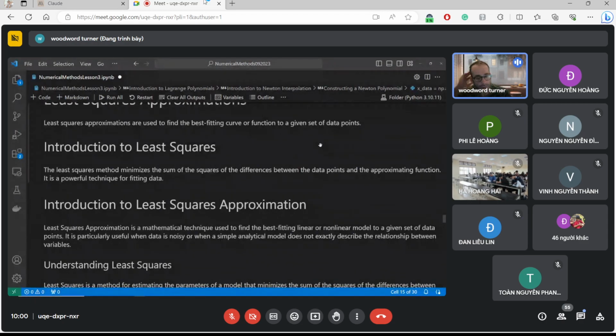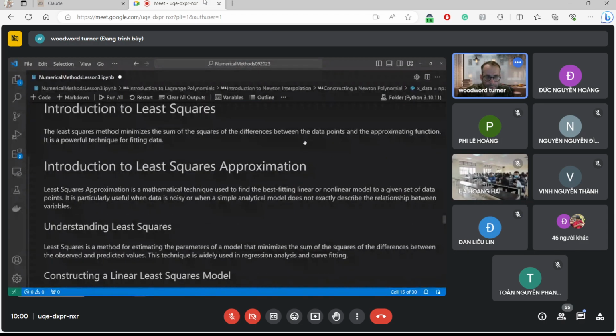So we have our data points and we have our approximating function, and what we want to do is take the difference, like, okay, so the function is a little bit off on this data point, there's some error, and what we want to do is minimize that error. And we can minimize that in a lot of different ways, but that's the general idea. And we'll get into this a little deeper.